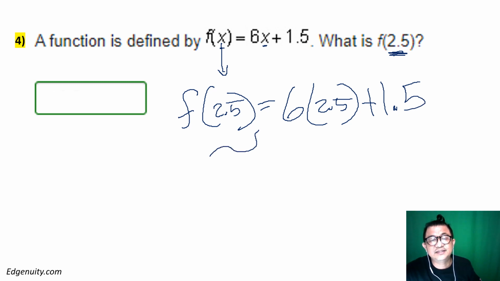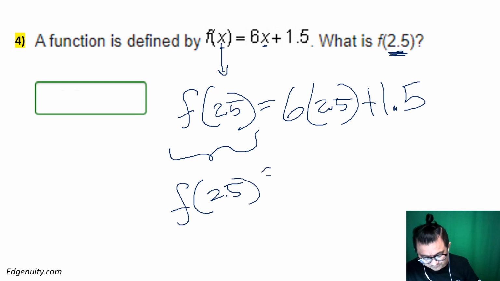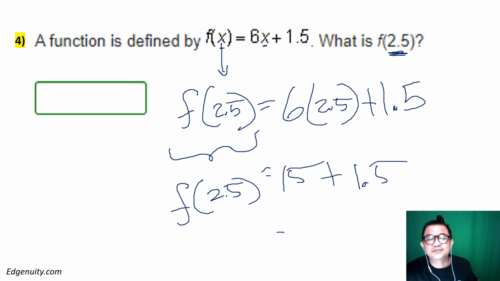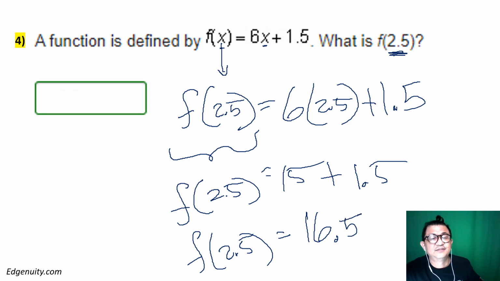You're not doing anything here, you're just copying it down. 2.5 times 6 is 15. 15 plus 1.5 is equal to 16.5. So the function of 2.5 will result in 16.5. All right, so that's it.